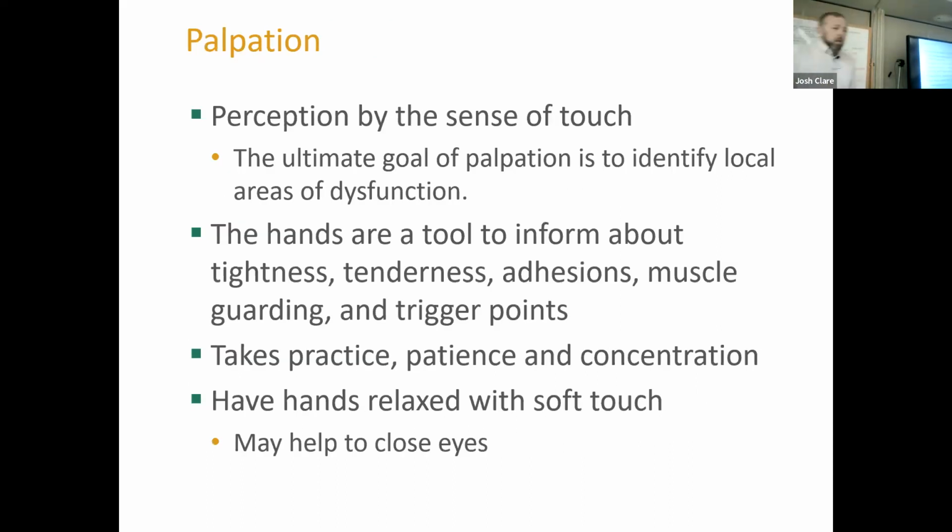The big thing, the skill that we need to continue to develop and also use what you've already developed, is our palpation ability, the perception of touch, that sense of touch. The ultimate goal is to identify the local areas of dysfunction, and if we can identify the area of dysfunction, we can also treat it with different techniques.